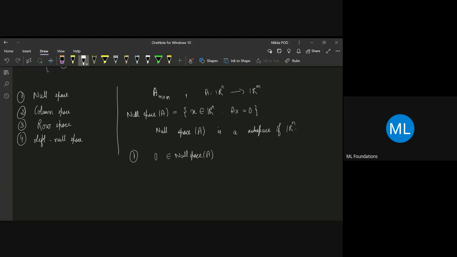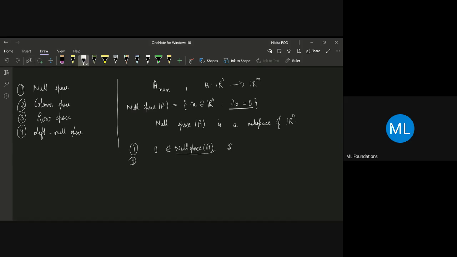Because if I take any vector x belonging to Rn, 0 will always satisfy this equation, 0 will always be a solution for this. So 0 belongs to the null space of A. So here the null space of A is nothing but your S, I'll just write it as S.